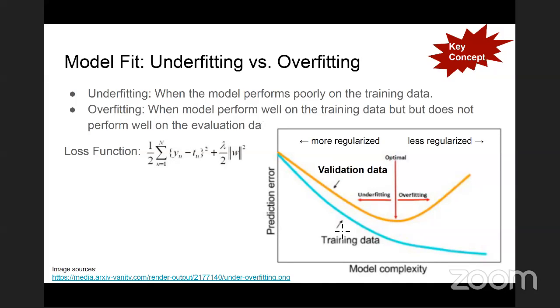That means you will keep going down on the blue curve, but you may not perform as well on the validation or test data, so you will go up on the orange curve on the right hand side. This is to make the model more generalizable, so that there are test points which you have never seen. So you add some flexibility by using that regularizer.